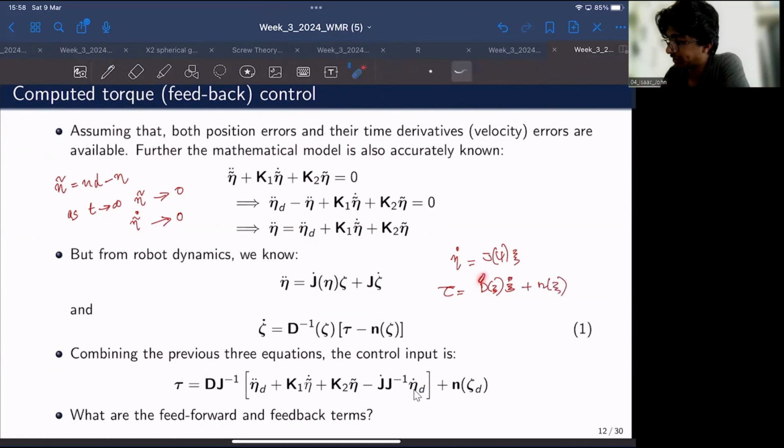So from this equation, how will you find zeta dot? Zeta dot would be tau minus n of psi, the whole pre-multiplied by d inverse. So that is what we have over here. If you recall this as equation 1, this as equation 2, and this as equation 3, and combine them, you will be able to figure out what should be the control input tau so that the system will follow this behavior.